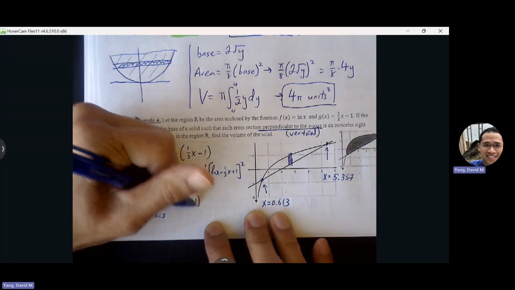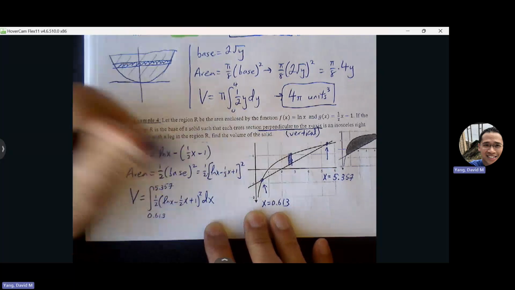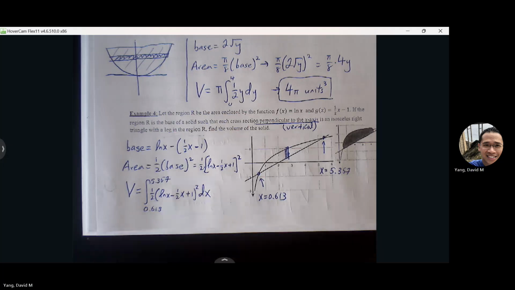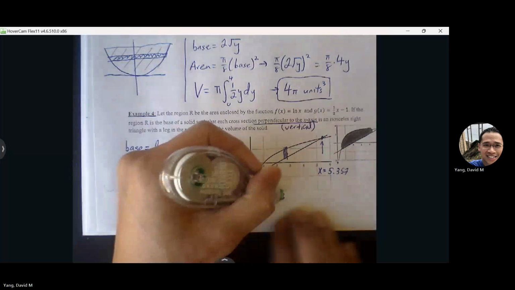And again, there's no rotation here. There's no circle related information, so there's no pi involved. We just plug all this in the calculator. Oops, my bad, 0.464, not 0.613. That's the answer. 0.464.